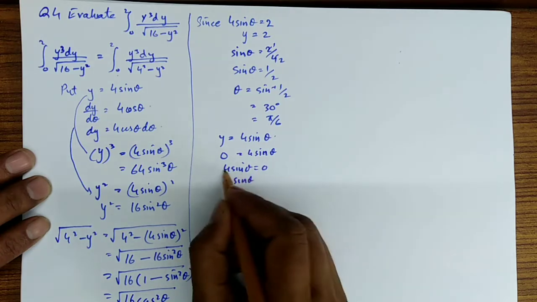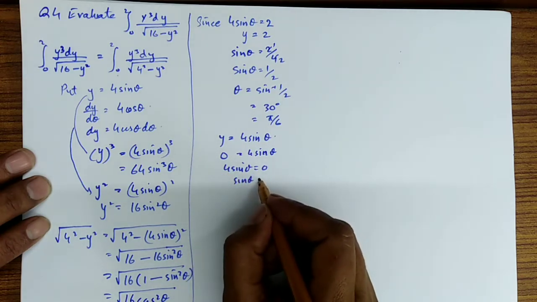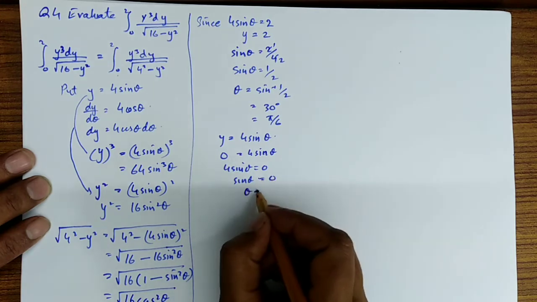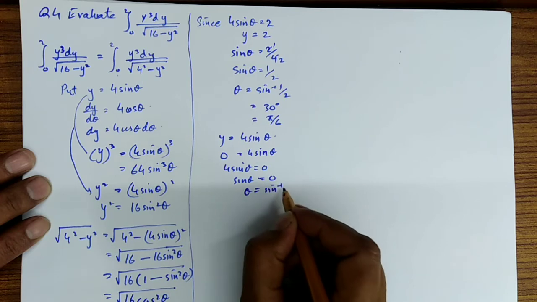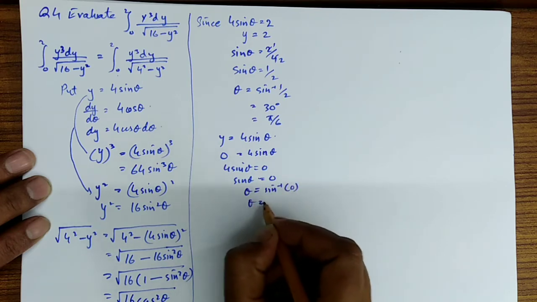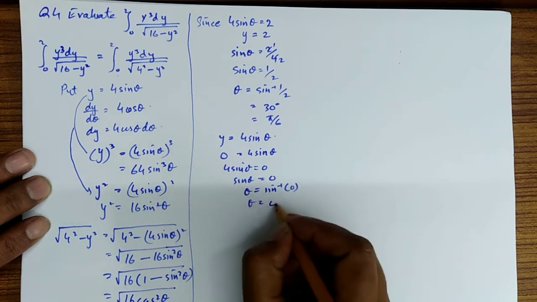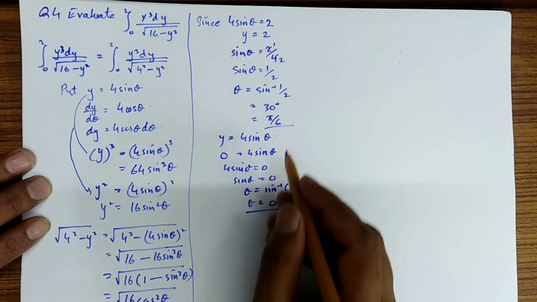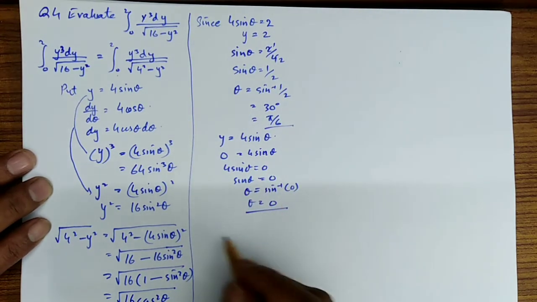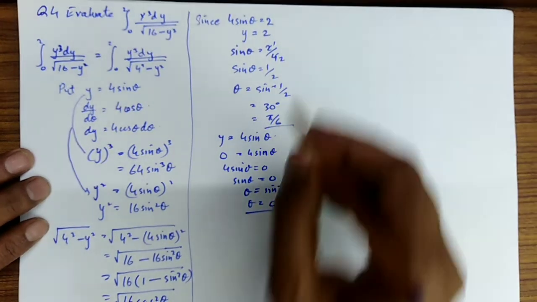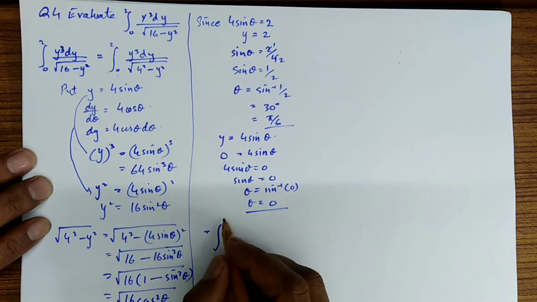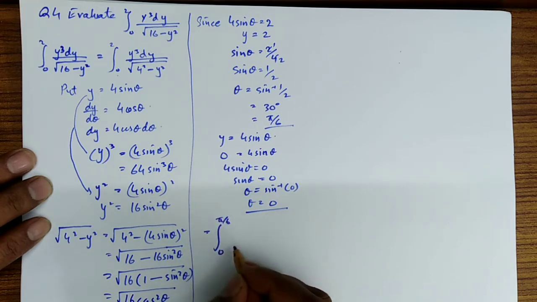Sine theta equals 0 over 4, which is 0, so theta is equal to sine inverse of 0, theta will be equal to 0. So this is the lower limit, this is the upper limit, and now putting all the values into the original question, the upper limit is pi upon 6 and the lower limit is 0.